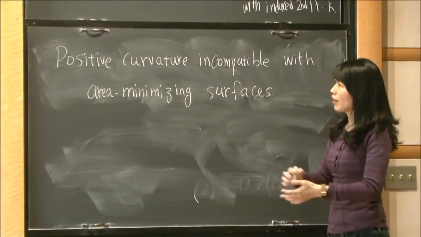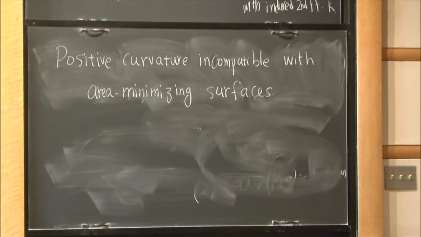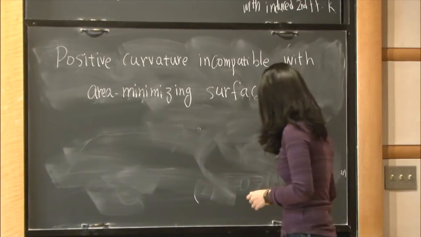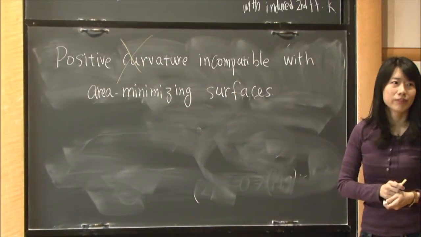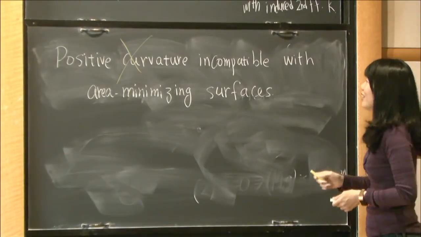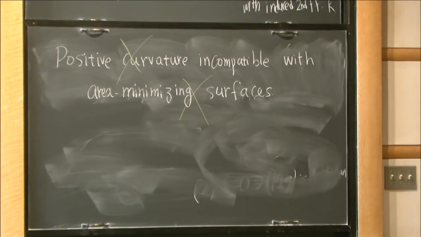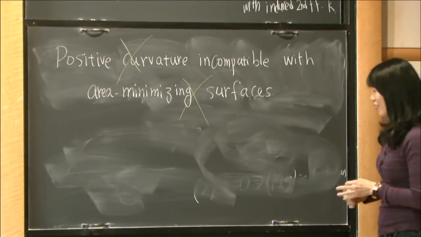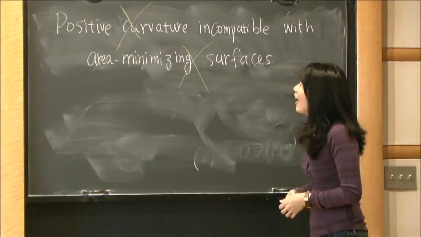Our general positive mass theorem is proven along the same guiding principle, but the difference is we don't have positive curvature. We have the dominant energy condition, but it's not positive curvature. And another difference is we don't have area minimizing surfaces. So I think it's a miracle that the same underlying ideas still work in this setting.